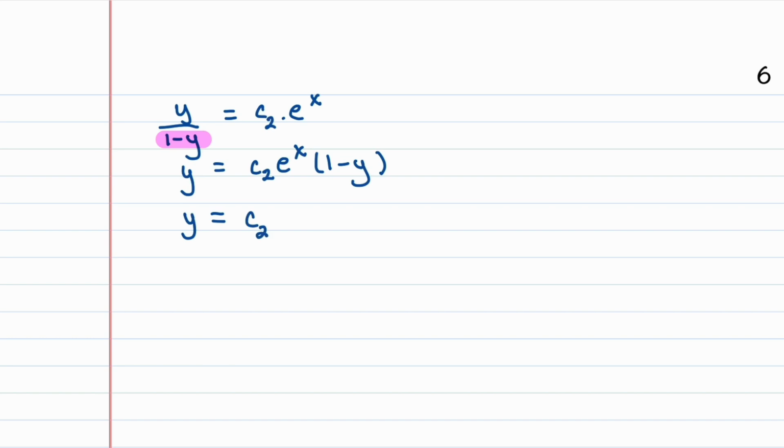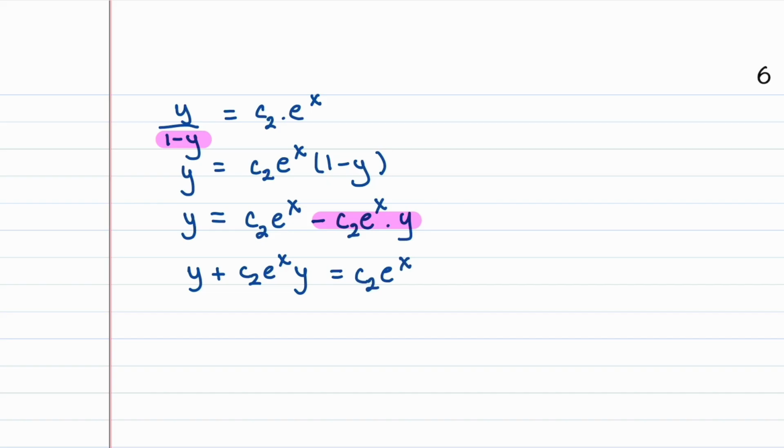This gives us c2 e to the x minus c2 e to the x times y. Now we can pull this term to the left, and we have y plus c2 e to the x y is equal to c2 e to the x. We can pull out a y, and we're left with 1 plus c2 e to the x, and our right-hand side stays the same.